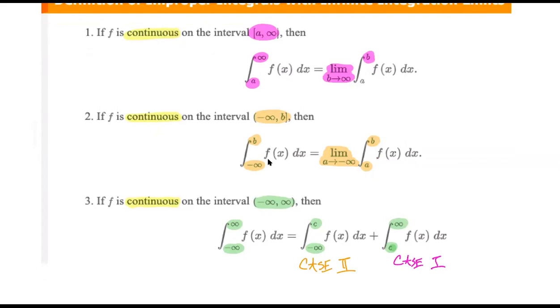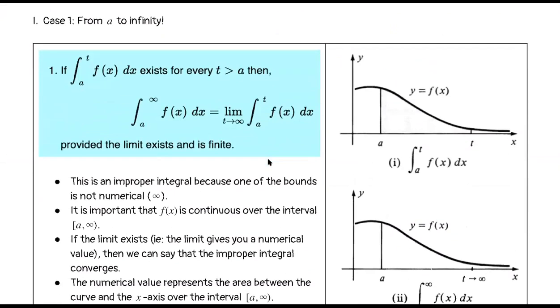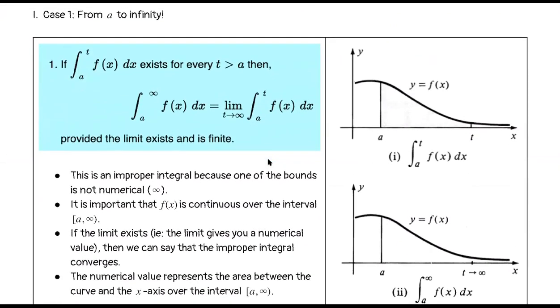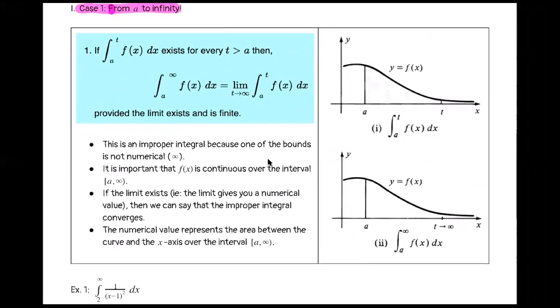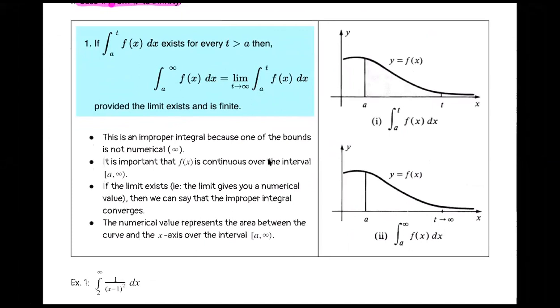So let's move on to a couple examples and see what this looks like. So case 1, from a to infinity. And here's a little diagram to help us out. If we look at the diagram first, this is very similar to what I drew earlier, where we have some sort of starting point, and then we want to find this area under the curve.